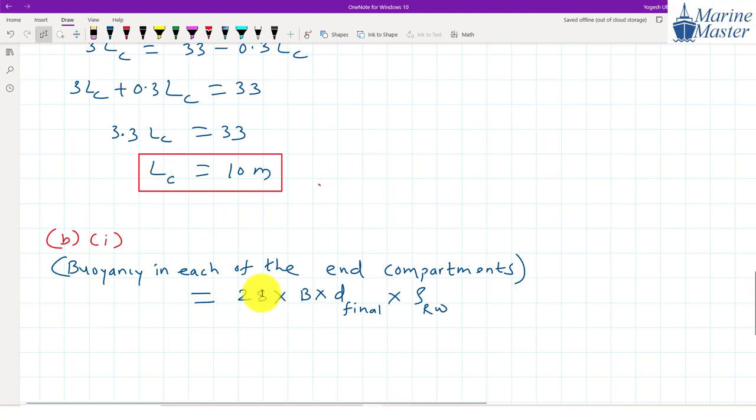Got this point, everyone? Buoyancy in each of the end compartments.